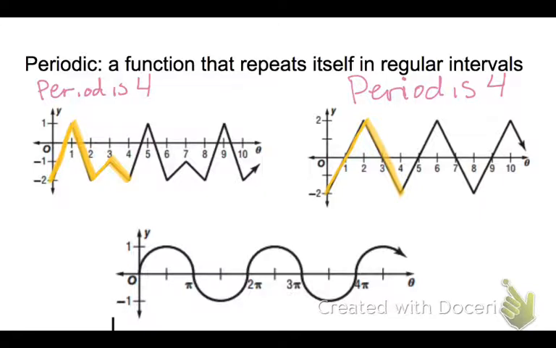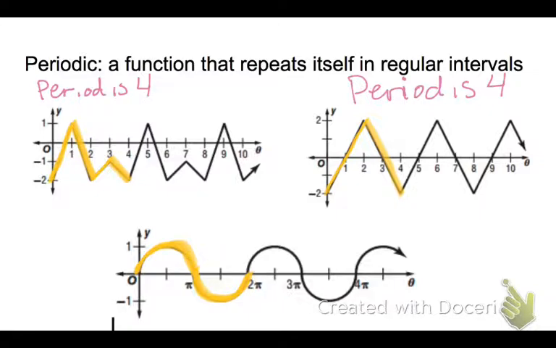The first 2 graphs have numbers on the x-axis. This third graph has radian measures, pi, 2 pi, and so on and so forth. And this actually looks more like a sine function. So one complete cycle will include a hill and a valley of the sine graph, or one up and down wave.